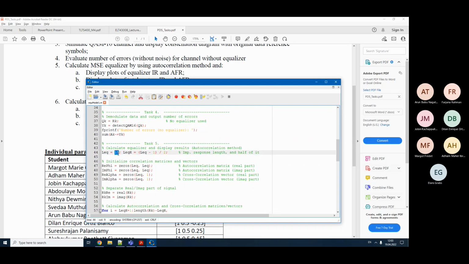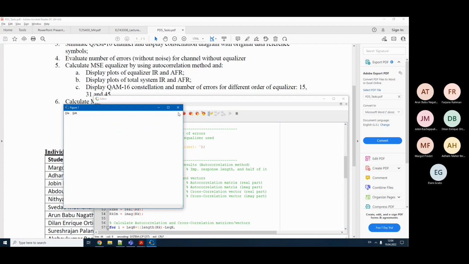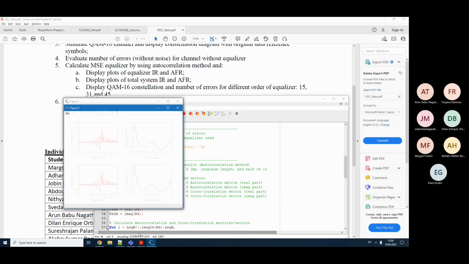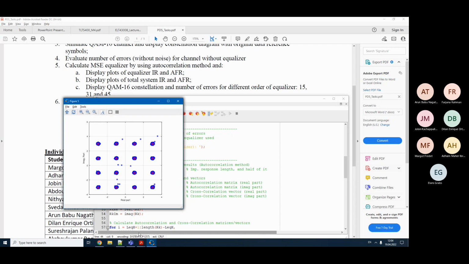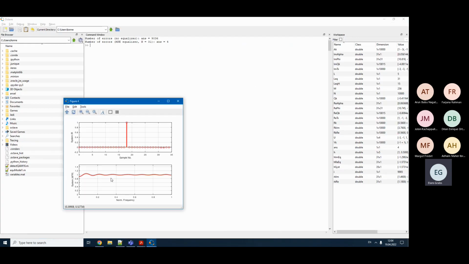And let's see the plots. Only 4 errors, and also this response is much more smooth.